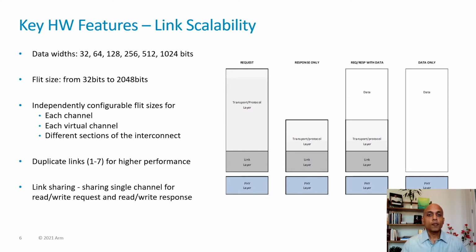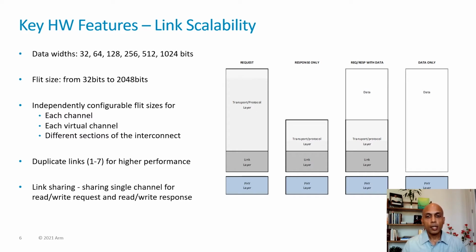Once it gets converted from the external AMBA protocol to generic transport, which is a wormhole routed interconnect, the flit sizes we support range from 32 bits for something that meets a very low PPA, all the way up to 2K bits for some use cases that might need very high performance. And these flit sizes can be independently configured for each channel.